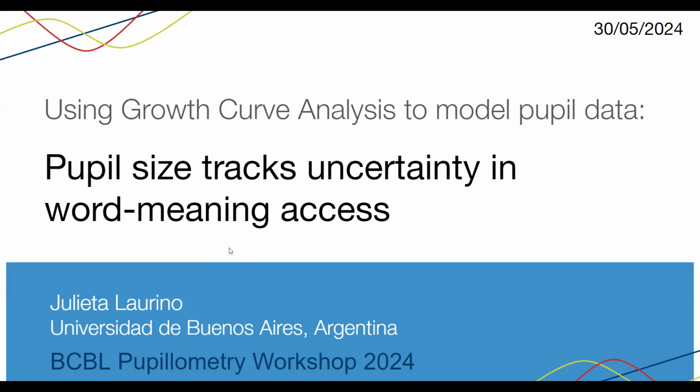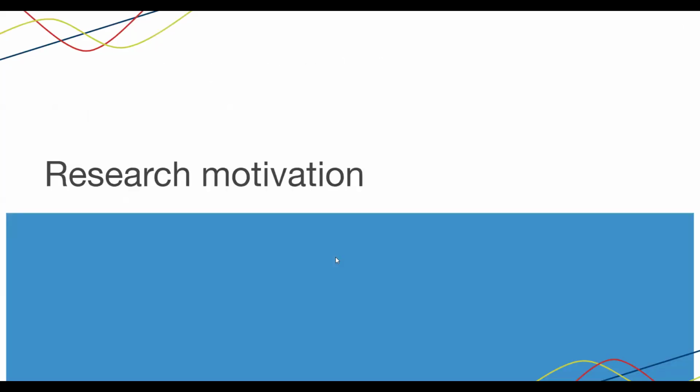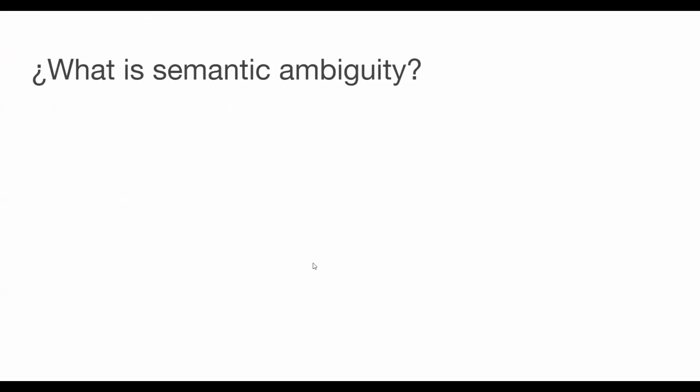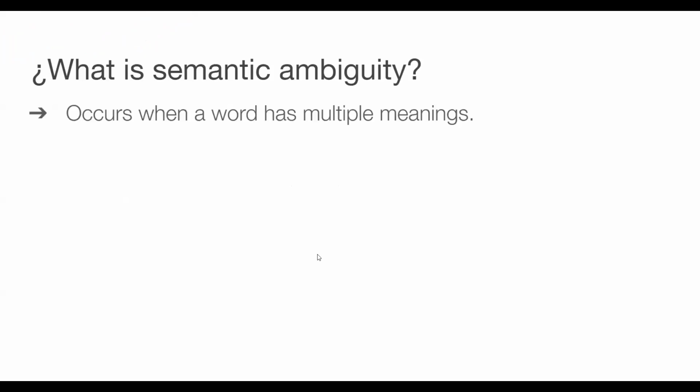And for you to understand where this data comes from, and also what the research questions are that I'm trying to answer, I'm going to start with a brief introduction of my research motivation. What I study is semantic ambiguity, which occurs when a word has multiple meanings.